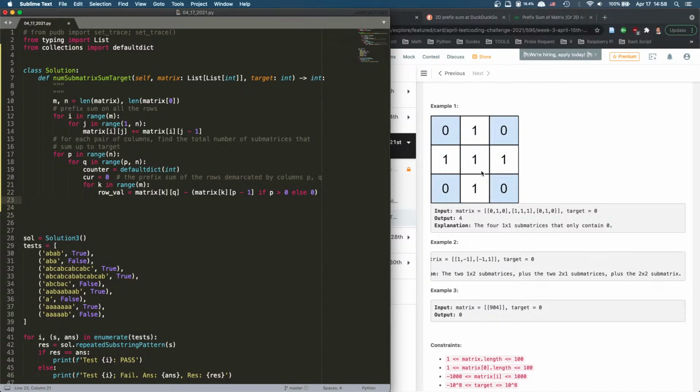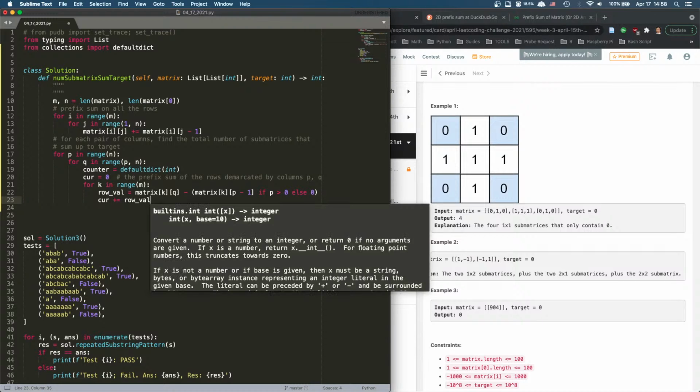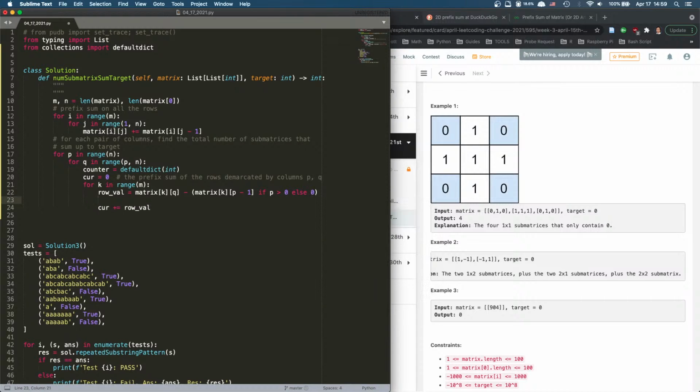And then current has to be the cumulative. We need the cumulative sum. So now what we need is to find, so we need to say the row val minus target, right?